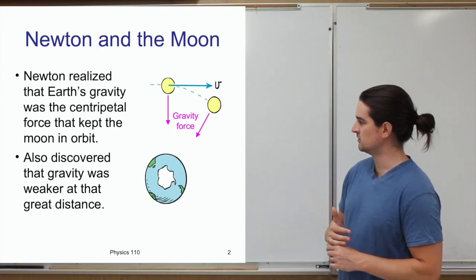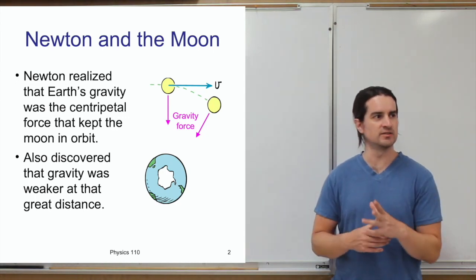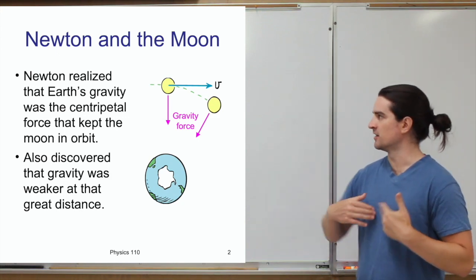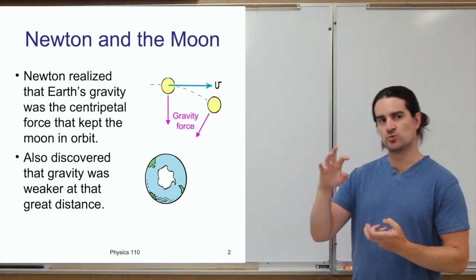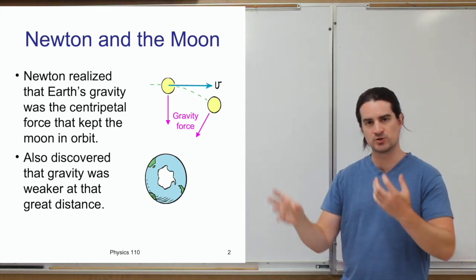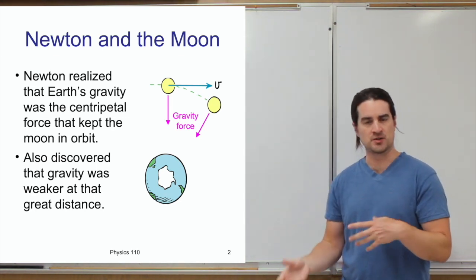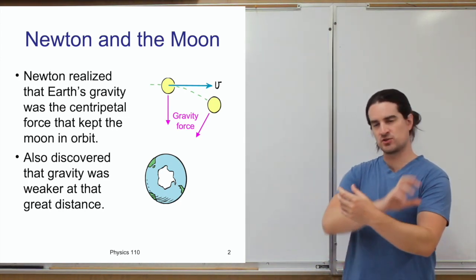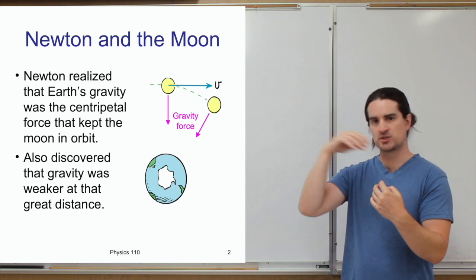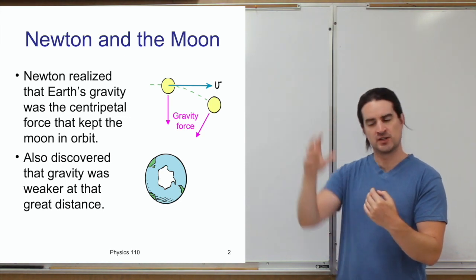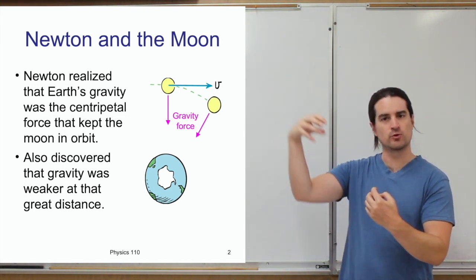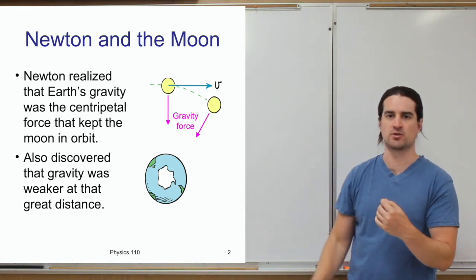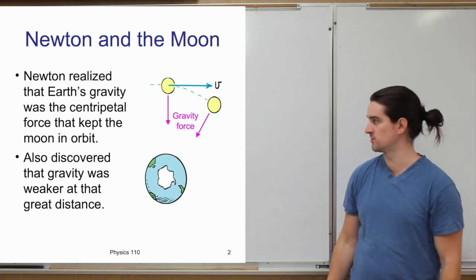One of the ways he maybe came about this, not exactly sure how he did, is that if you understand that the moon rotates around the Earth, and from our previous lecture about rotation, if something's going to rotate around in a circle like this, then there needs to be a force acting towards the center of that circle. So if the moon's rotating around the Earth, there needs to be a force on the moon towards the center of the Earth that keeps it rotating in that circle. Right? That's the centripetal force.